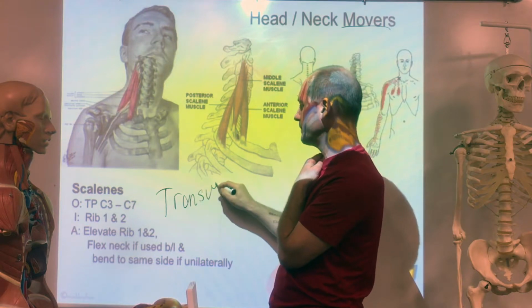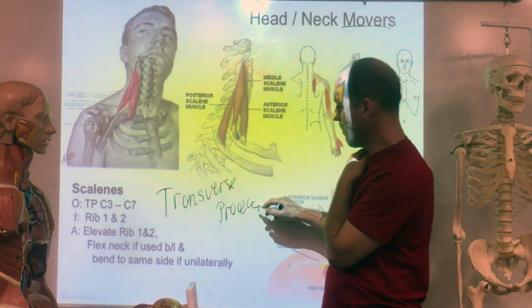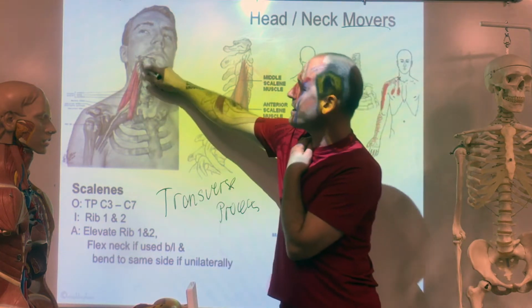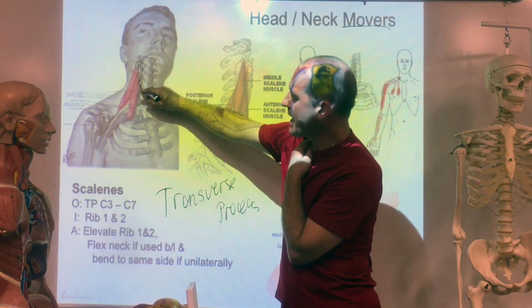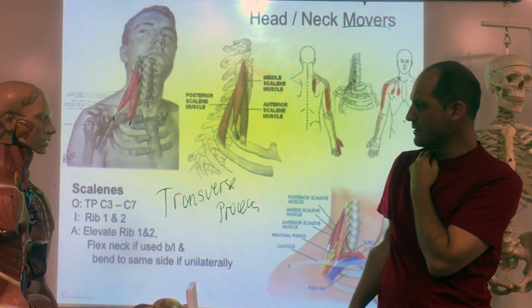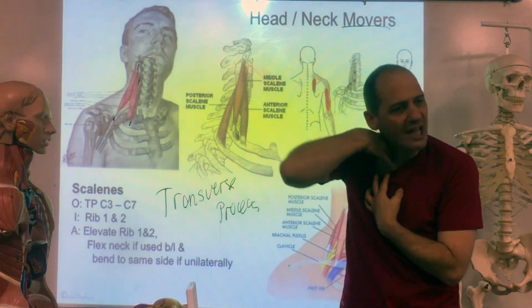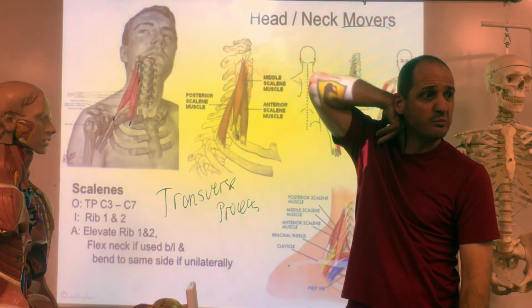Transverse process. So up here it attaches on the transverse process, and it goes into the ribs. It goes to the first two ribs, rib 1 and 2. Right there. So it actually goes from here and goes down and behind the clavicle into the ribs.